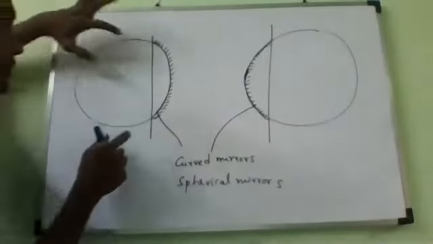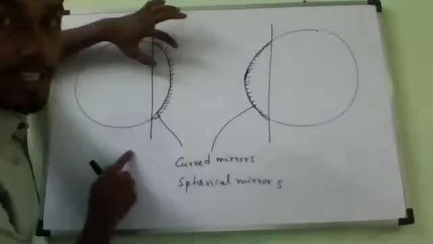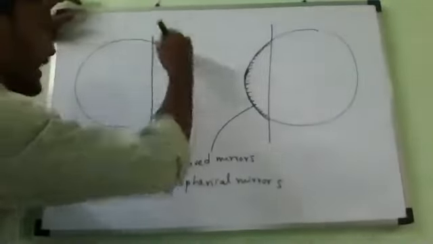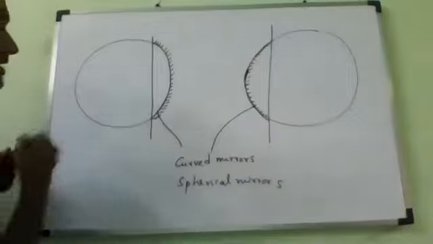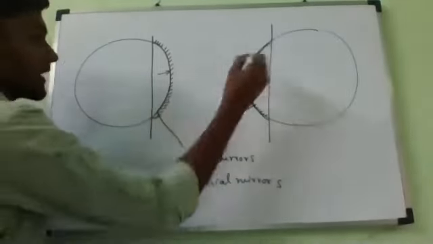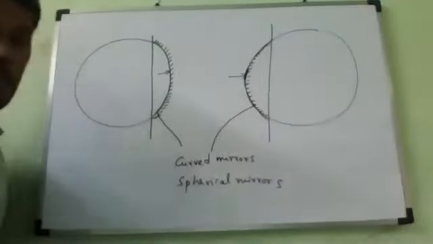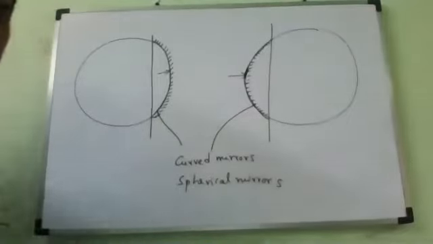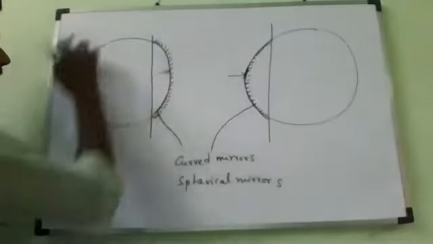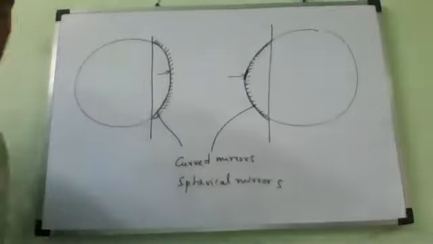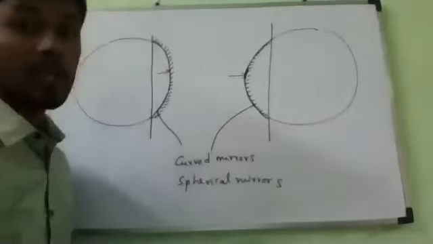So a spherical mirror is a mirror whose reflecting surface is part of a hollow sphere of glass.